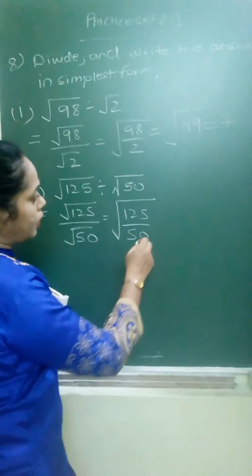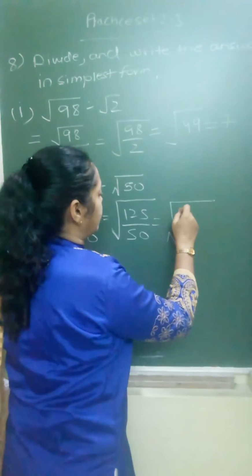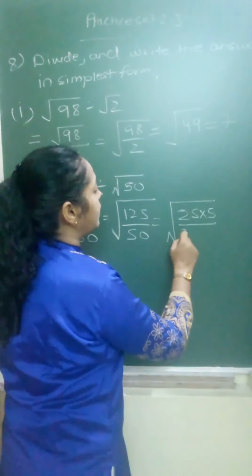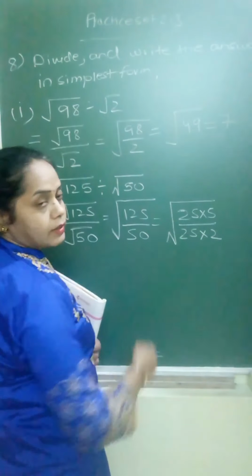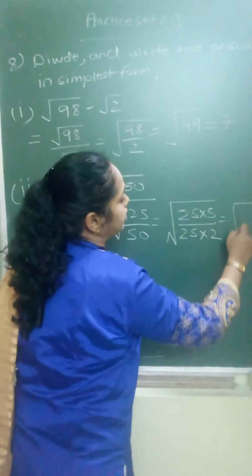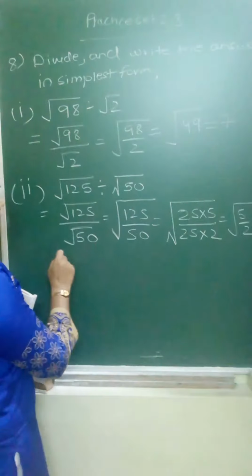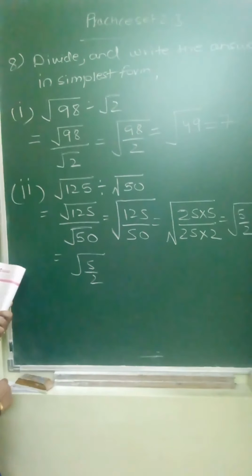Now 125 can be written as 25 into 5 and 50 can be written as 25 into 2, isn't it? Now 25 will get cancelled by the 25 below, and we will be left with square root of 5 upon 2. So square root of 5 upon 2 is the final answer.